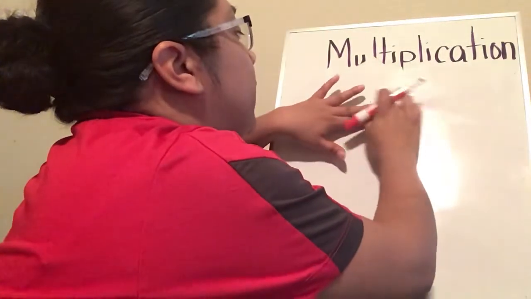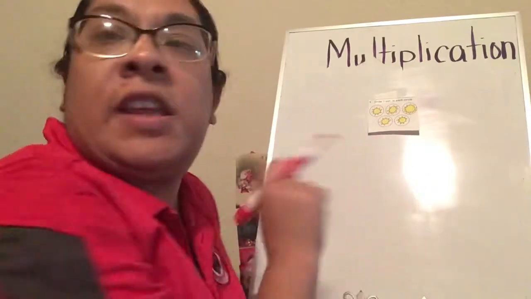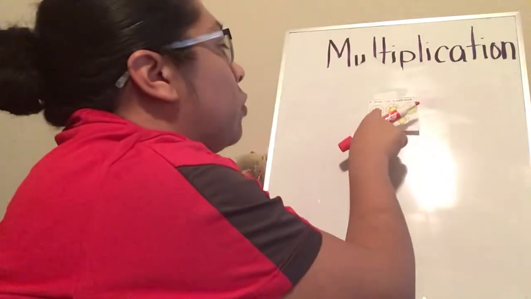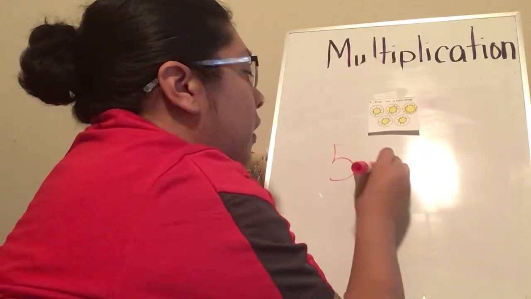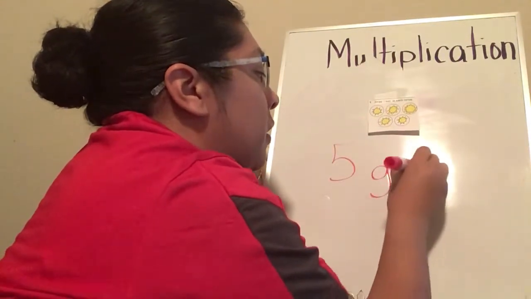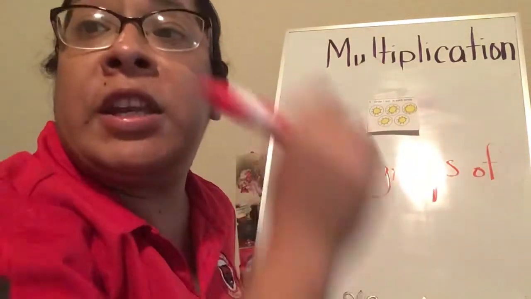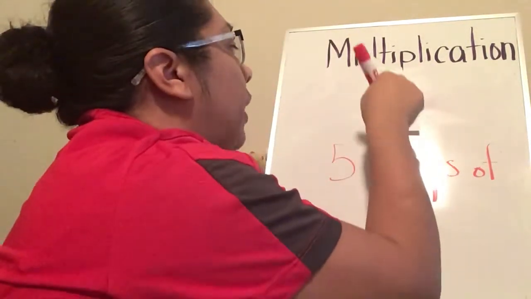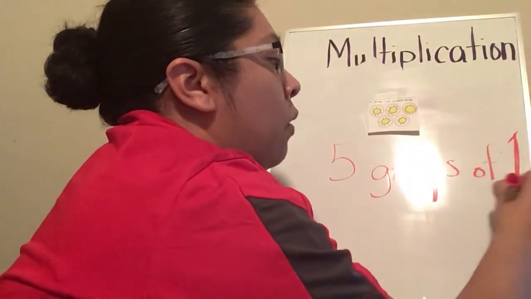Here's one with little suns in it. Now, again, we would see how many groups are there. 1, 2, 3, 4, 5. So 5 groups of, now how many are in each group? 1 in each. 5 groups of 1.